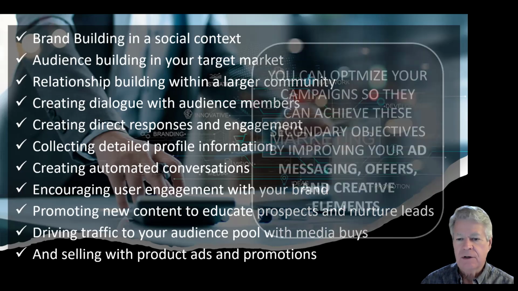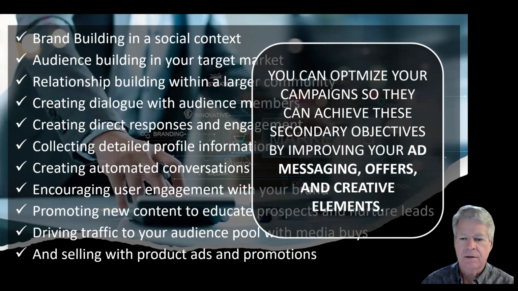You can optimize your campaign so you can achieve these secondary objectives by improving your ad messaging, offers, and creative elements. Online ad networks track many other metrics besides the key performance metric for your campaigns, and many of these measure secondary objectives that apply to any digital media campaign.